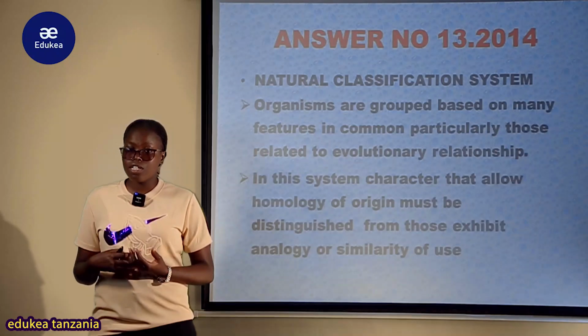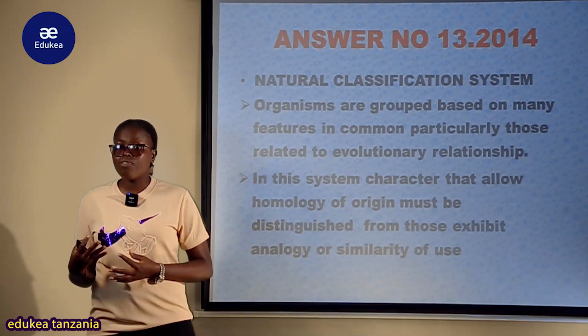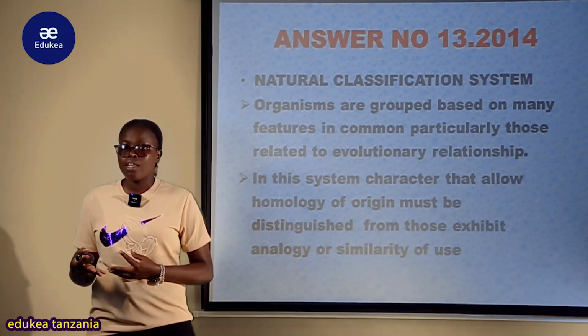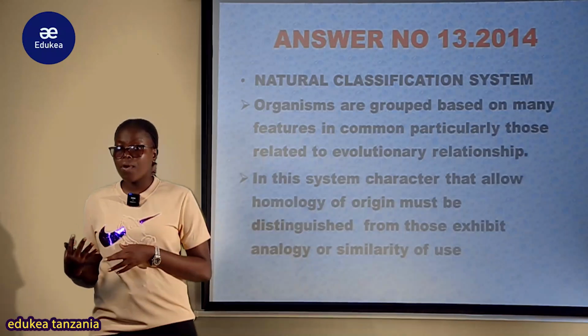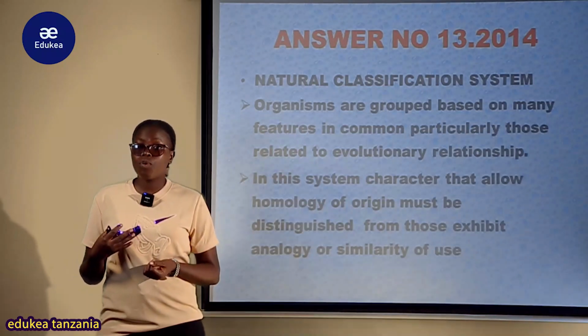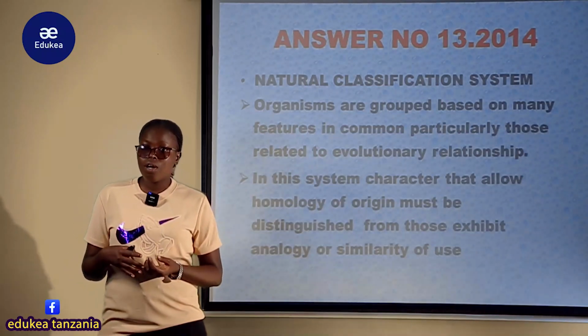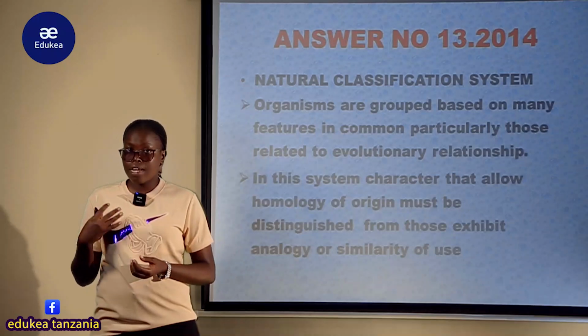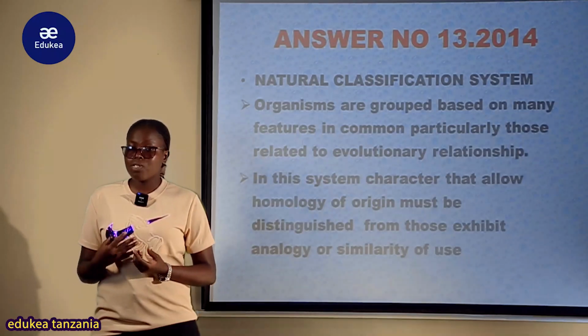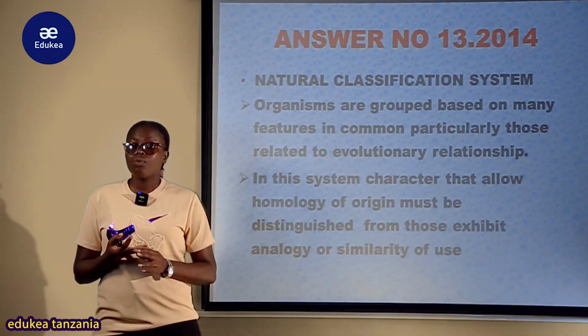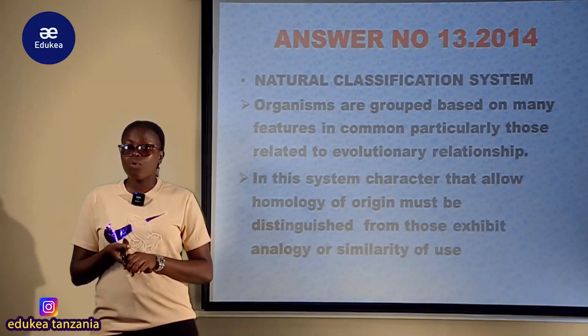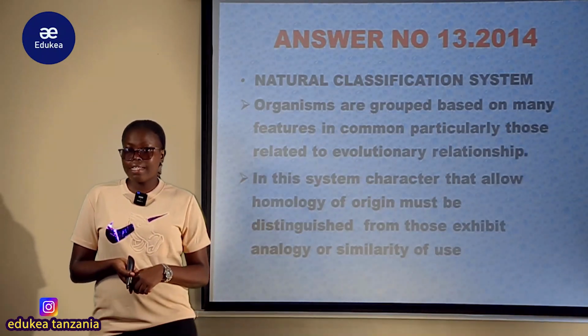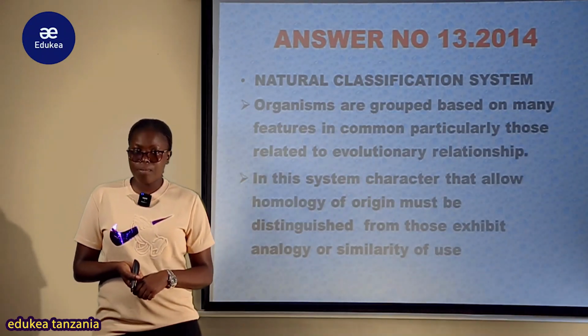They have the same evolutionary origin, lakini they perform different functions on the outside. Kwa mfano ukiangalia mkono wa binadamu, mkono wa these members of the class mammals. Katika class mammals kuna binadamu, kuna ng'ombe, kuna kina tembo, kuna kina lion, kuna kina bats within the class mammals.